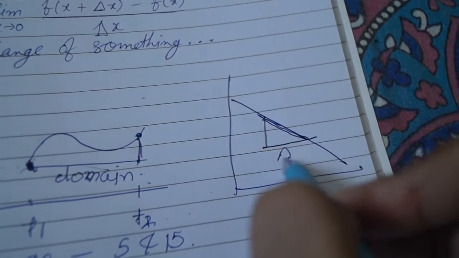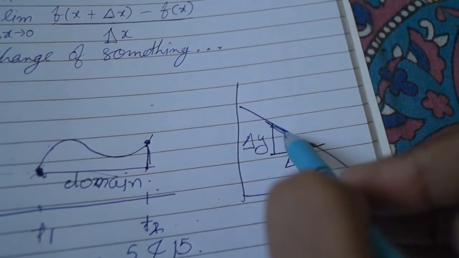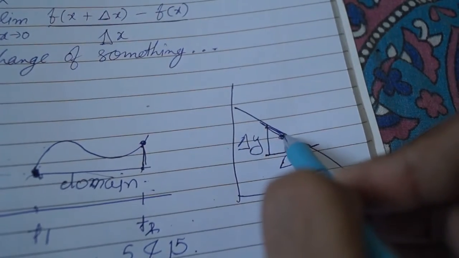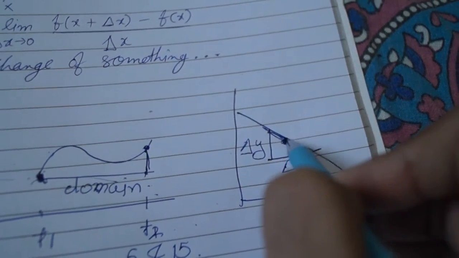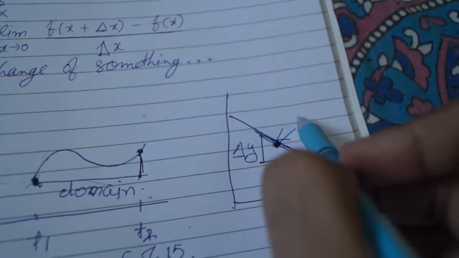This is del x and this is del y. If we again take its slope at this very point, then this will tell us its slope.